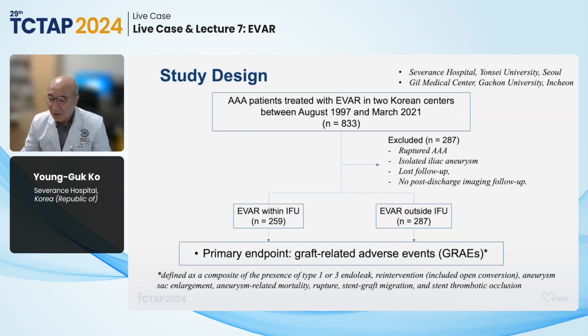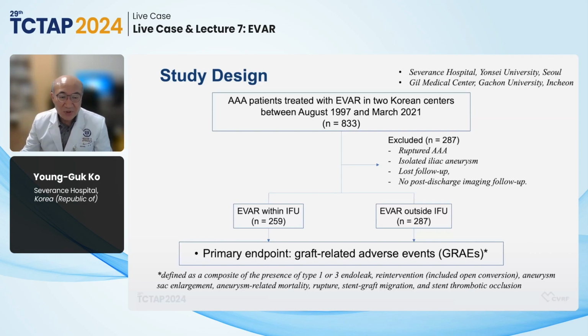There was a total of 833 patients, after excluding 287 patients with ruptured AAA, isolated iliac aneurysm, or patients lost to follow-up. We included 259 patients treated with EVAR within the IFU and 287 patients treated with EVAR outside the IFU.